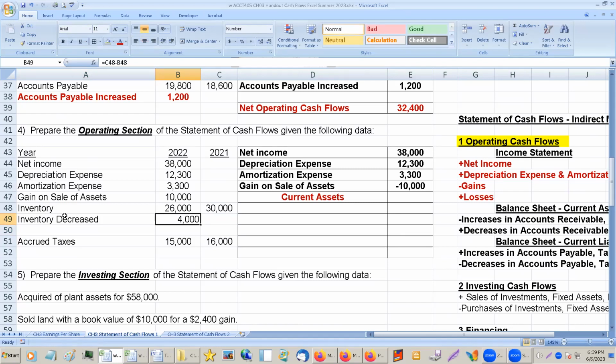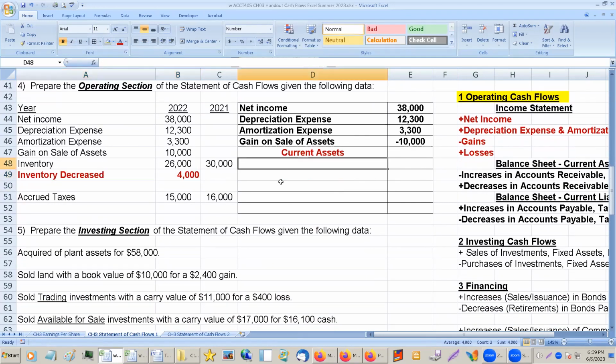So it decreased by 400. Inventory, when it decreases, that's sort of like an asset going down and you must have sold it. So your cash must have gone up.